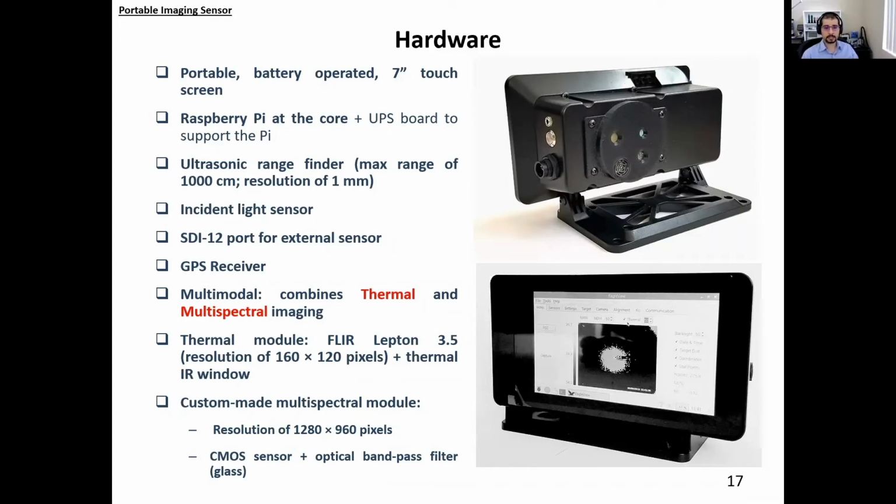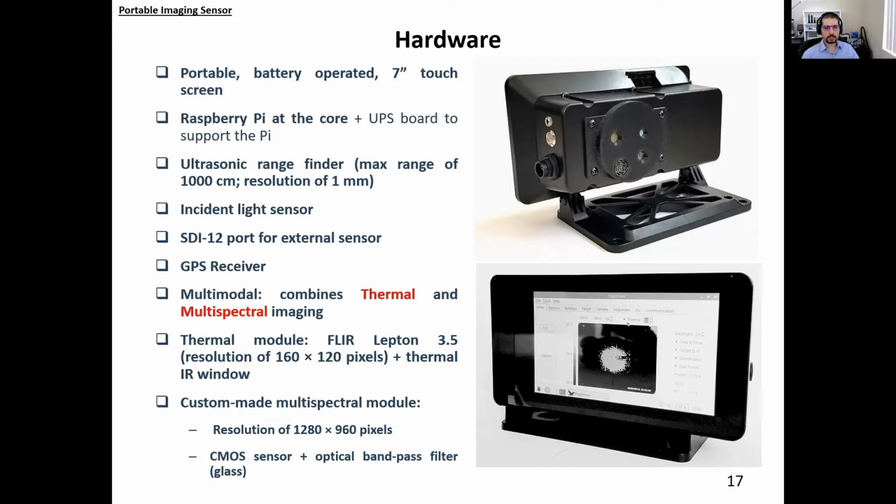and as I mentioned, the greatest thing about this imaging system is that it's multimodal. It combines thermal and multispectral imaging. The thermal module is a FLIR Lepton version 3.5 with a resolution of 160 by 120. And I added a thermal IR window to protect the module from natural elements.